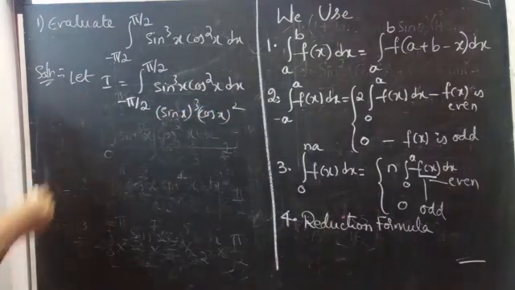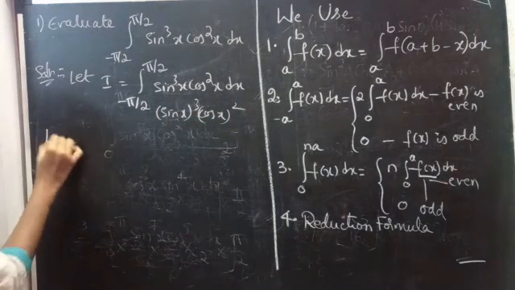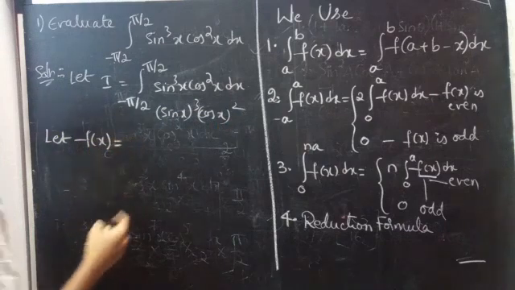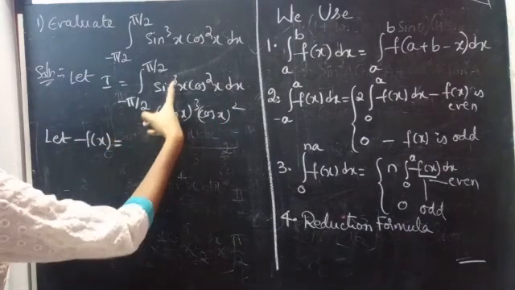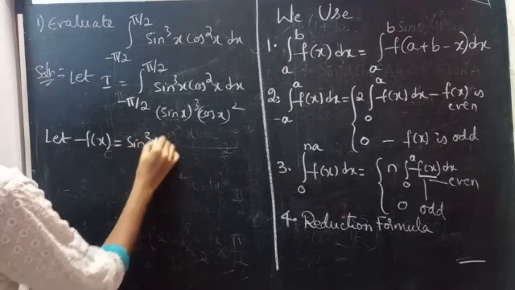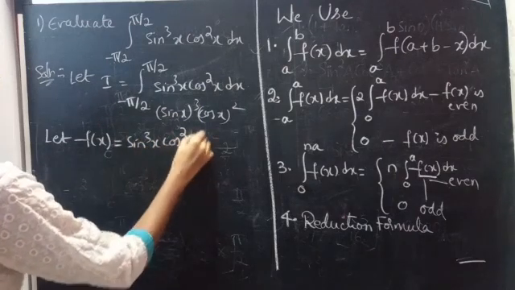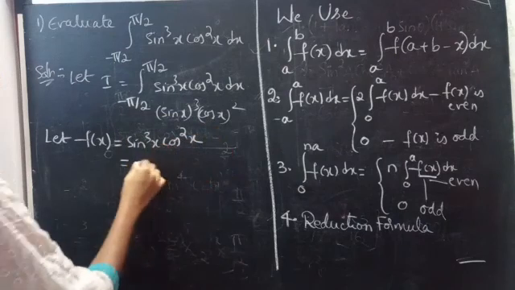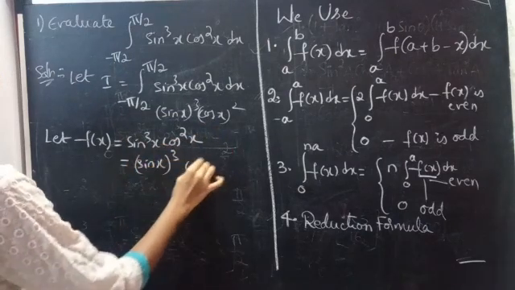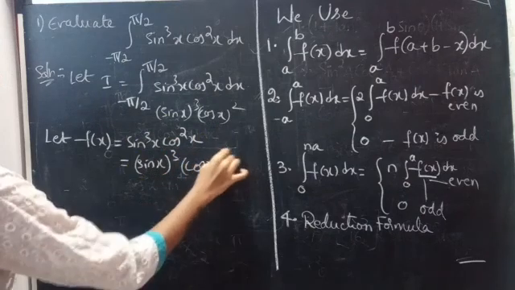Now let f of x equal to sin cube x into cos square x, which can also be written as sin x whole cube into cos x whole square.